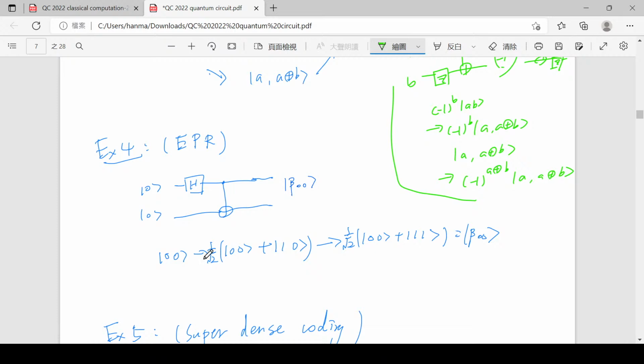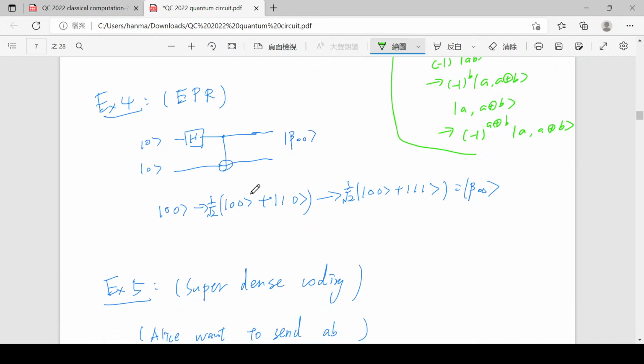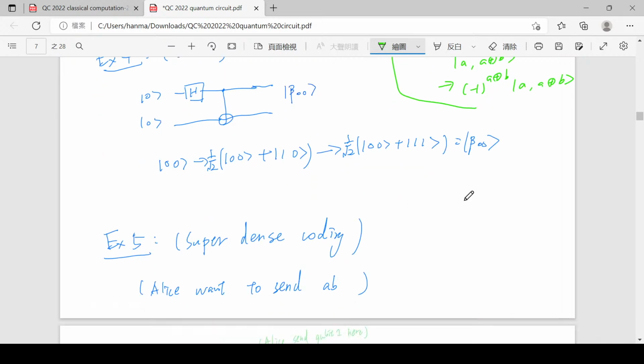So that's how you create an EPR pair in a quantum circuit: there's a Hadamard, then C naught. And this is quite symmetric, so obviously you can flip the control and target around. But anyway, you can create EPR pairs like this.